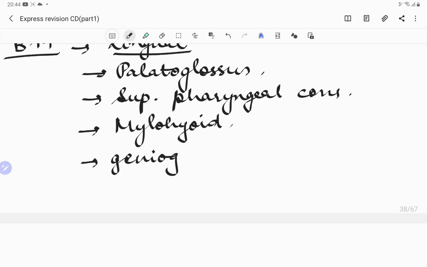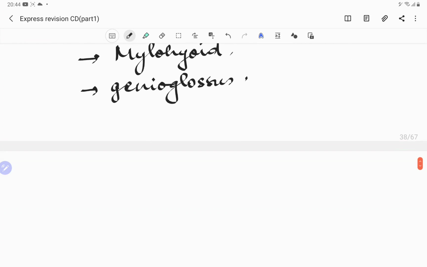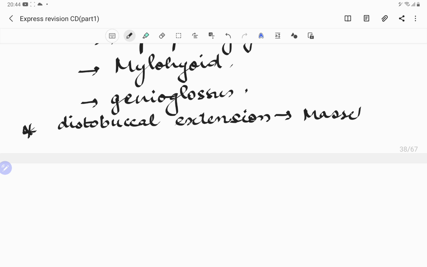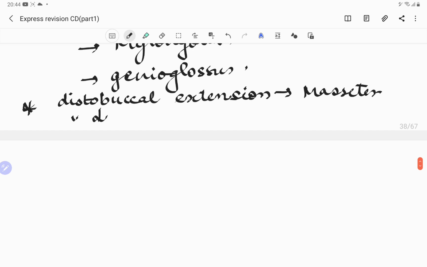And genioglossus. So the distobuccal extension is very important. The distobuccal extension of the border is due to the masseter, and the distolingual extension of the impression is due to the superior constrictor.